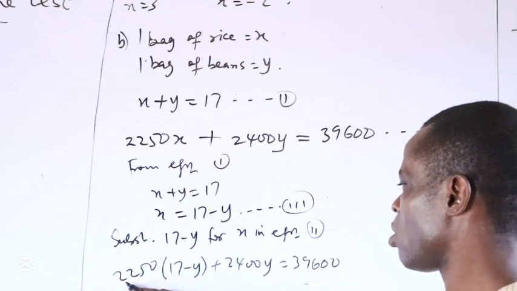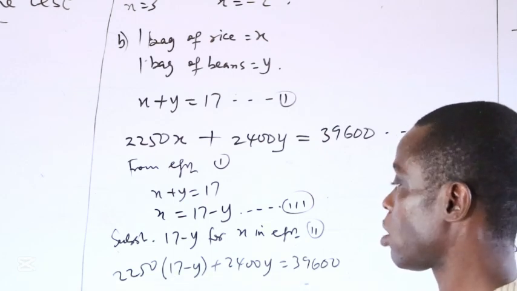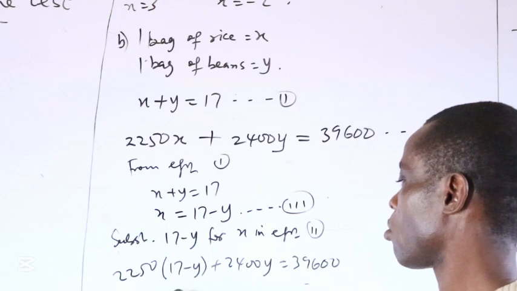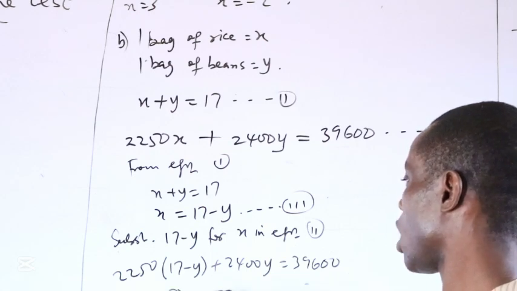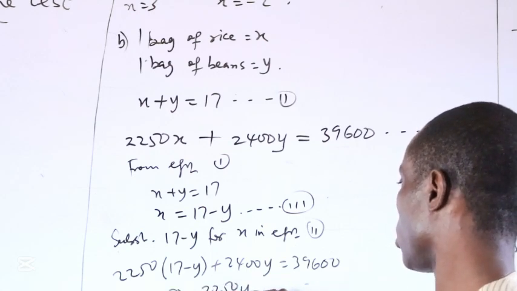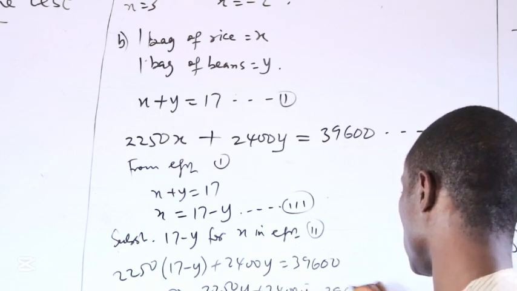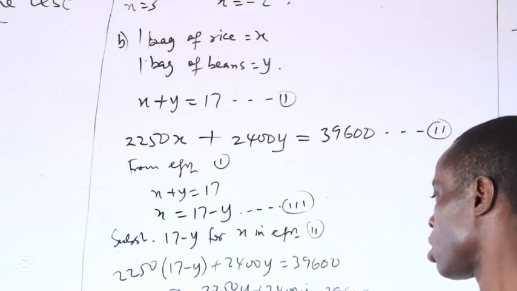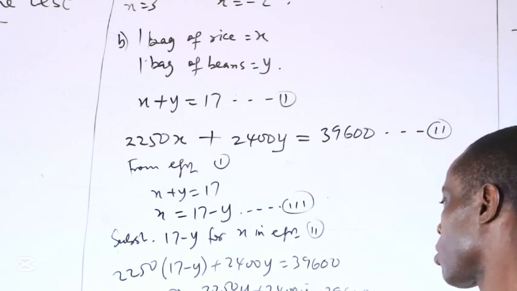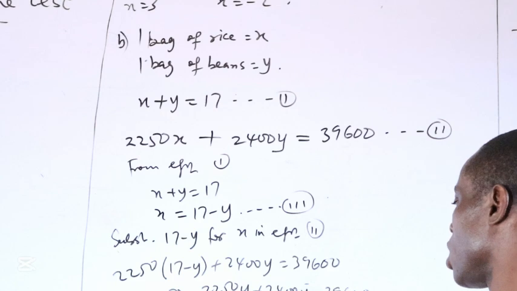What is this product? 38250 minus 2250y plus 2400y is equal to 39600. When you subtract, that's 150y is equal to 39600 minus 38250.